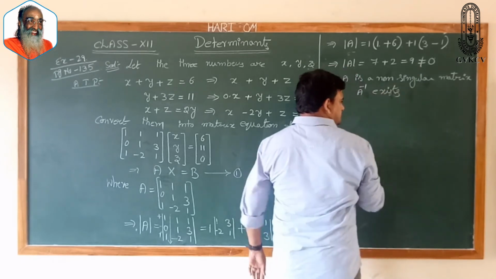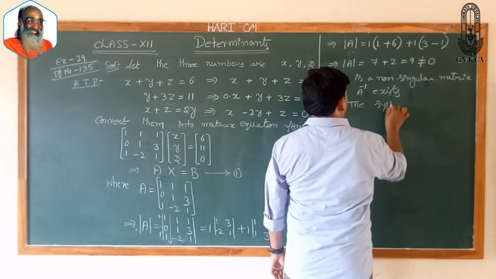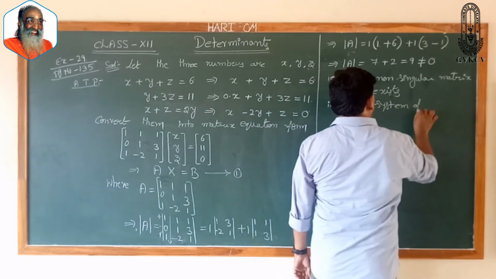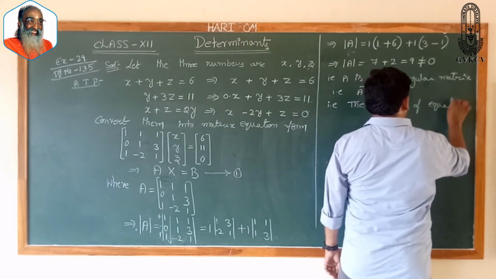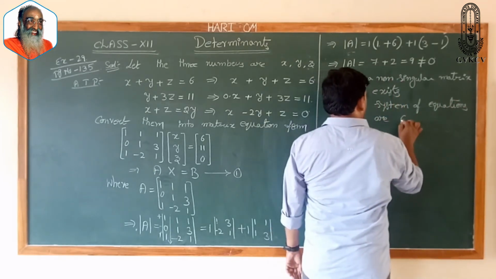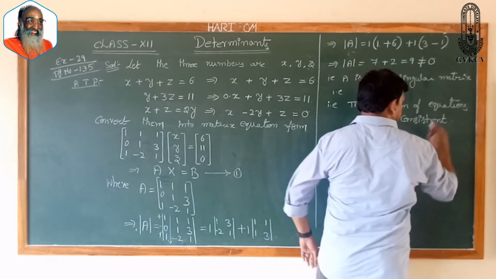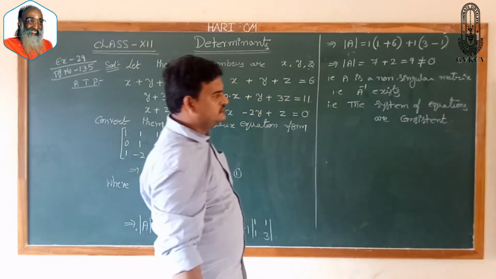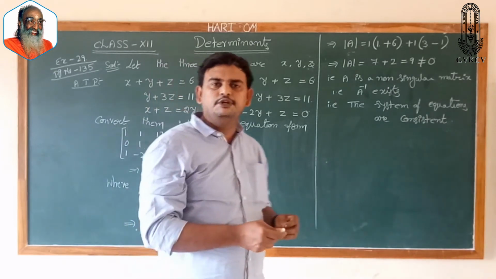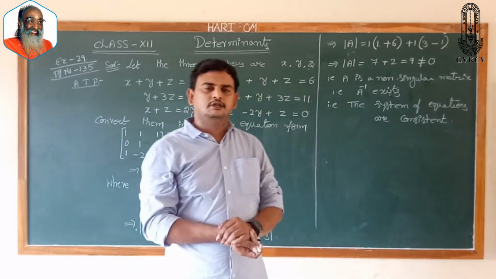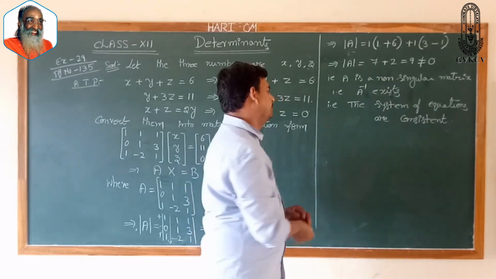That is, the system of equations is consistent. Now, what do we need to find? First, we need to find A inverse. To find A inverse, what is required for us? Adjoint of A.